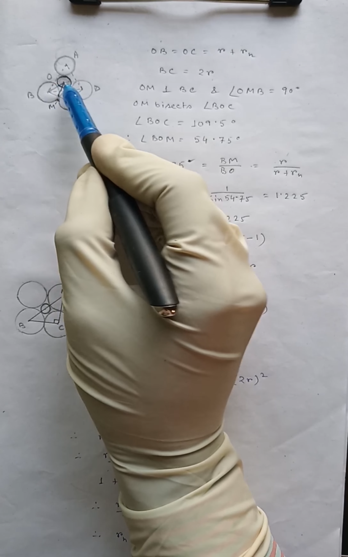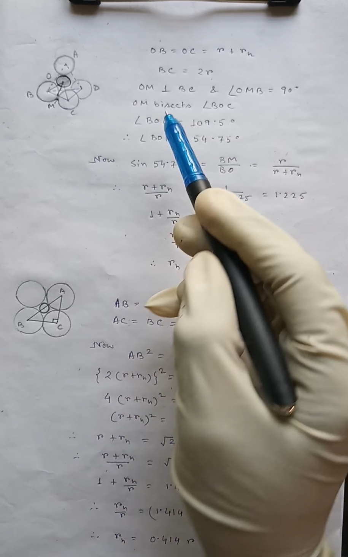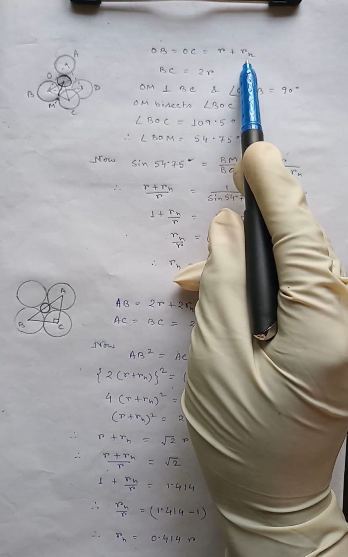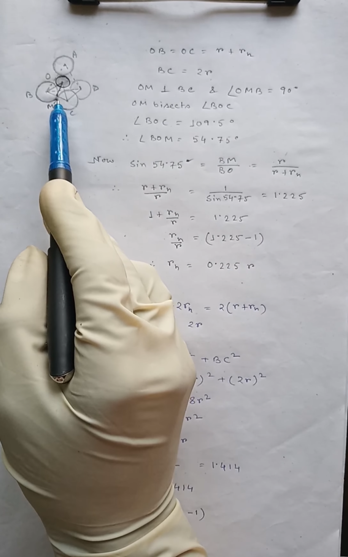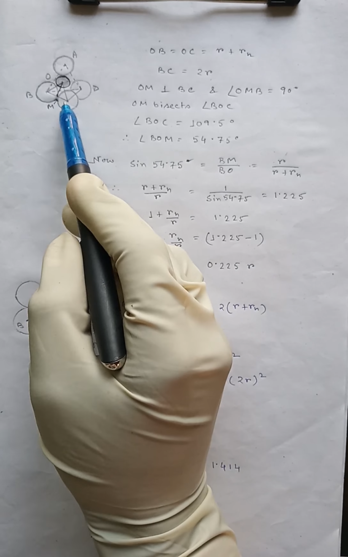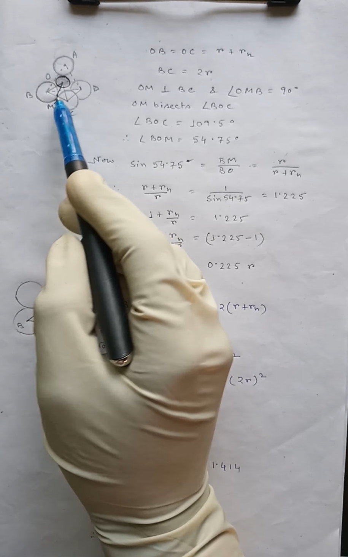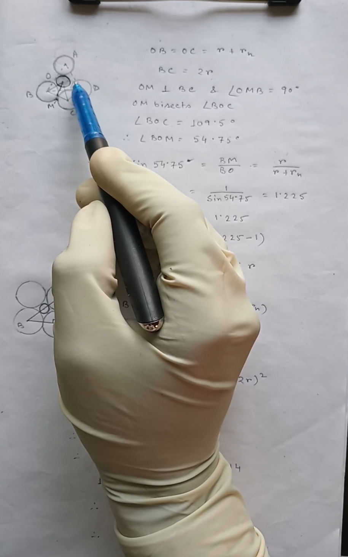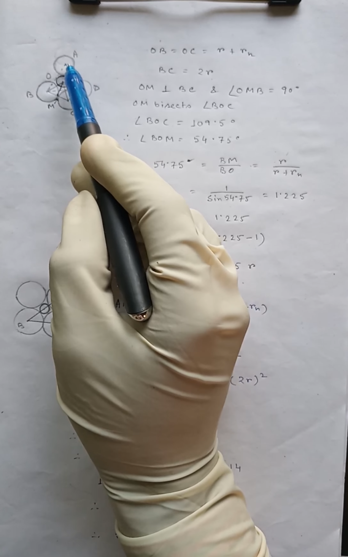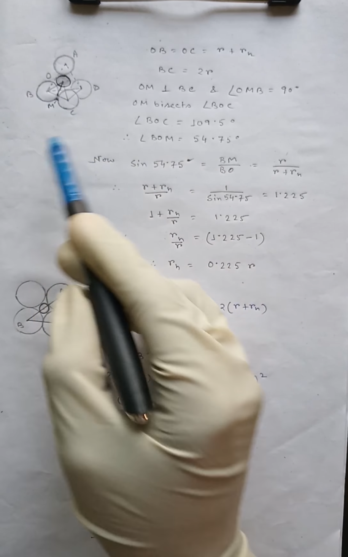Now BC is equal to 2R. All these sides BC, CD, AD are all 2R. These two anions are also in touch with each other, but for simplicity I have shown it like this.